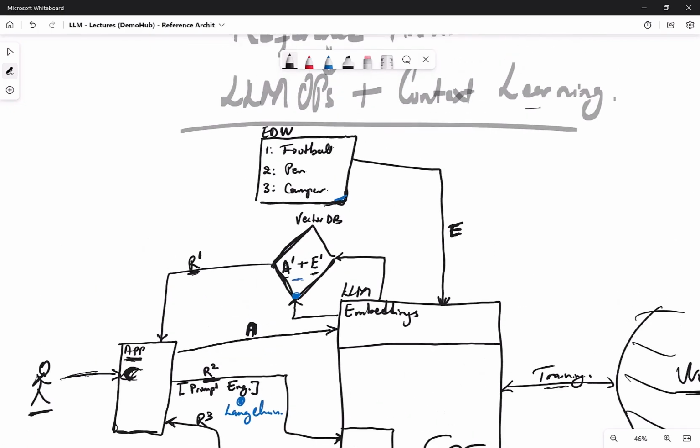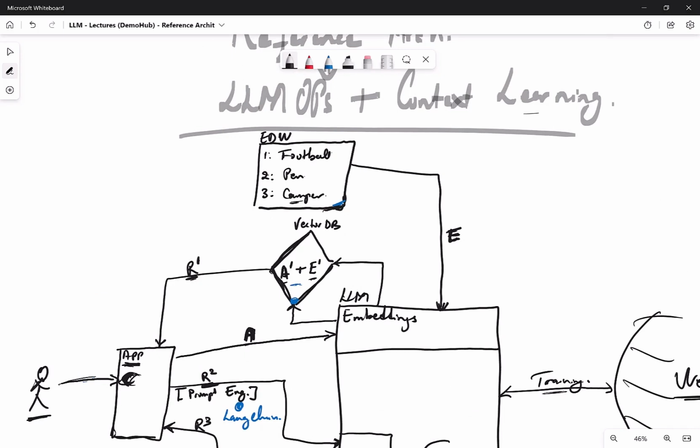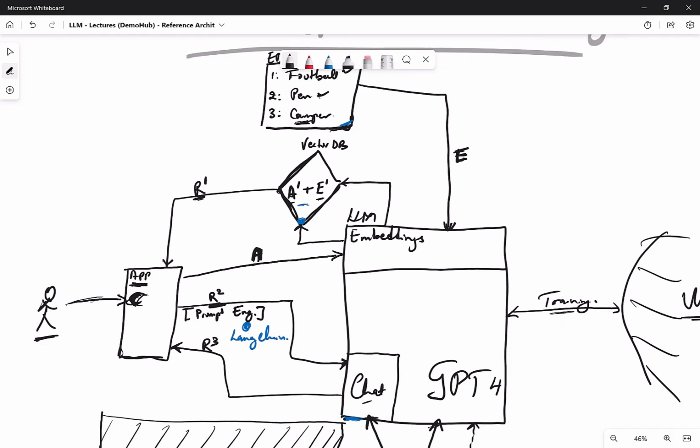But guess what? You have your database here and you have a view of transactions. Customers who buy a camper, maybe they like football and pens. It would be nice to take that into consideration when OpenAI or ChatGPT is writing that email, because it's a large language model. What if you re-engineer your prompt to take into consideration those insights that are available within your database?